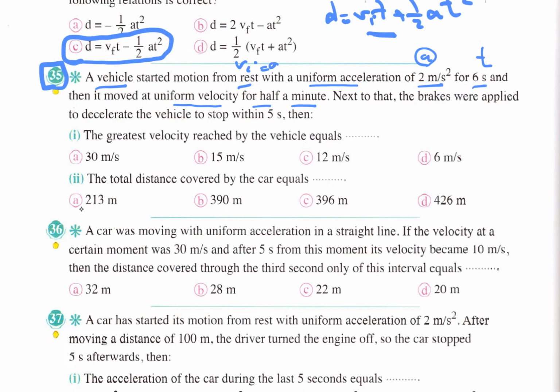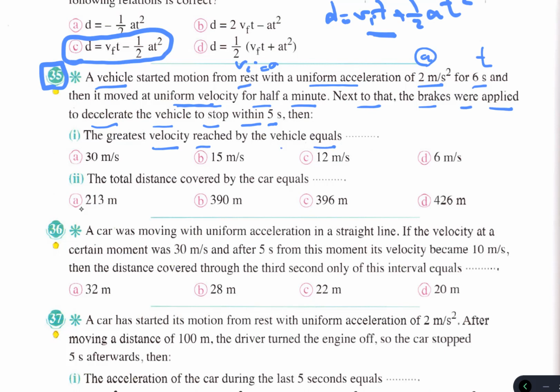Let's get the V final, and the object will move with V final as uniform velocity for half a minute. Next to that, the brakes were applied to decelerate the vehicle to stop within 5 seconds. Then the greatest velocity reached by the vehicle equals.